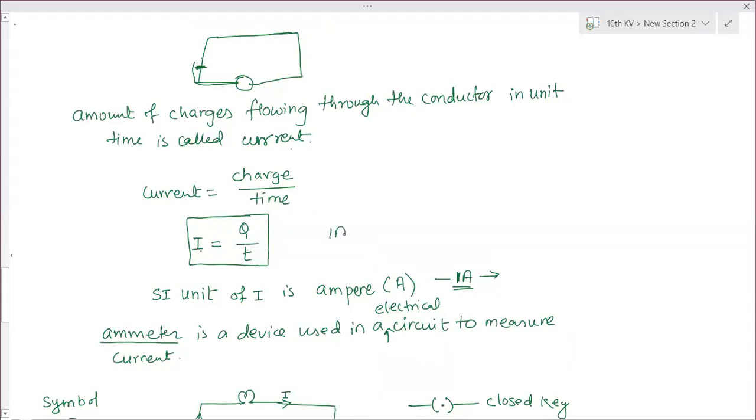Current is 1 ampere when this fraction has the value 1. That means charge should be 1 coulomb and time should be 1 second. So A is equal to C by S.